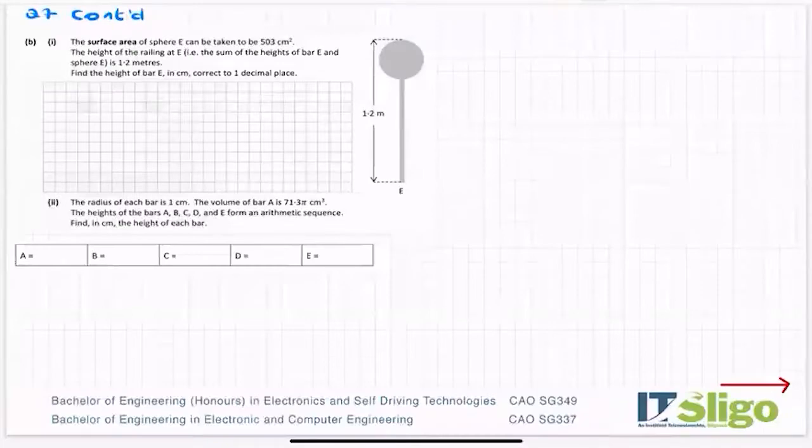So what they're saying to me is the surface area, 4 pi r squared, is equal to 503. Let the formula equal the amount. The height of the railing at E is 1.2, I can see that in the diagram. Find the height of the bar E. So I presume that's what they want.